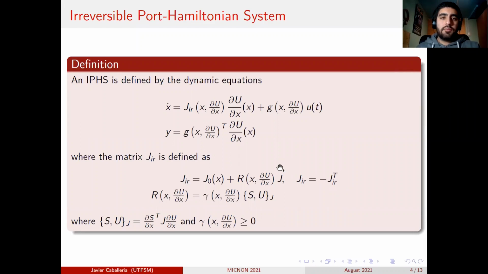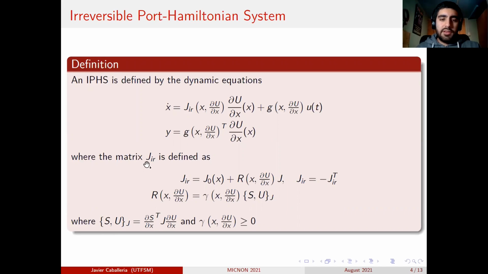Here I will show you the definition of an irreversible Port-Hamiltonian system. It's defined by these two dynamical equations, where x is the state variable, u is the input, y is the output, G is the input mapping of the system, U represents the total energy or Hamiltonian function, and S represents the entropy function.